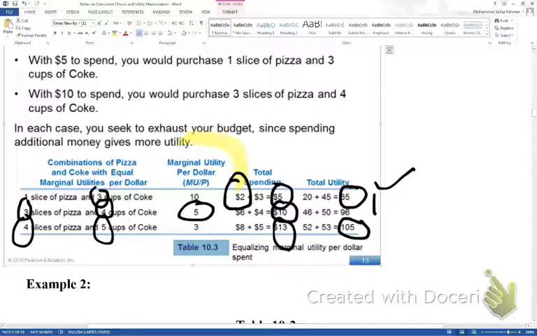If you can afford $10, the bundle that maximizes your utility is 3 slices of pizza and 4 cups of Coke, and the total utility is 96. If you can afford $13, the bundle that maximizes your utility is 4 slices of pizza and 5 cups of Coke, and the total utility is 105.